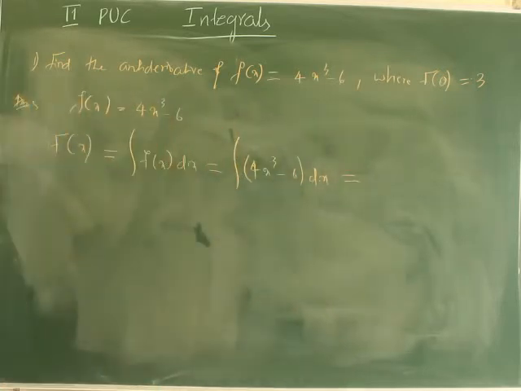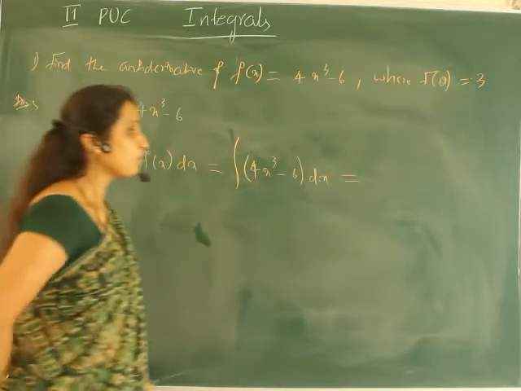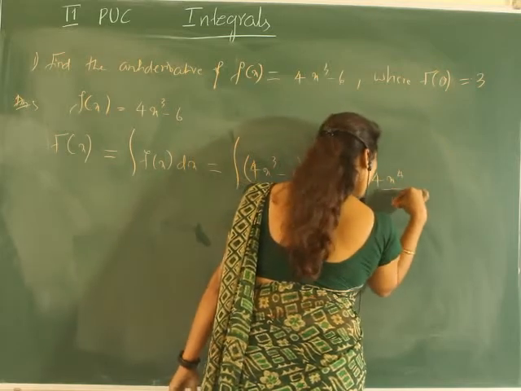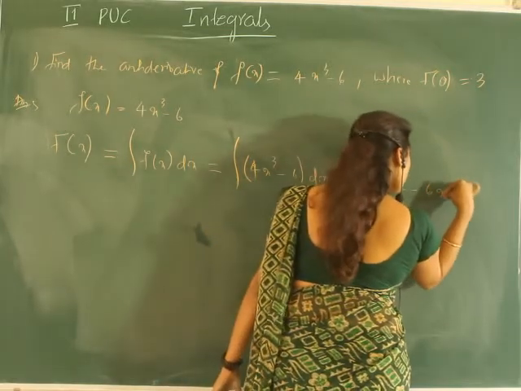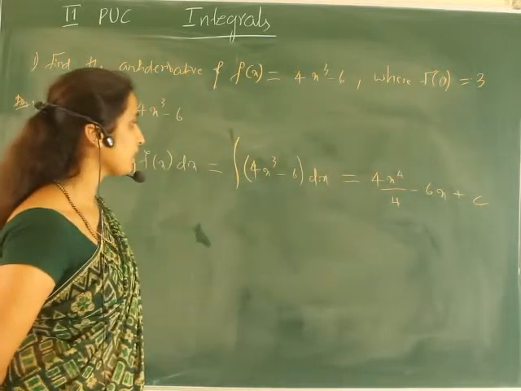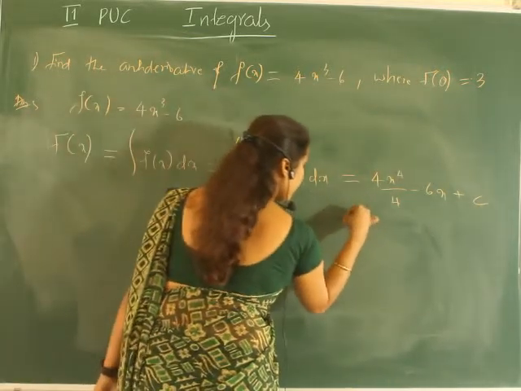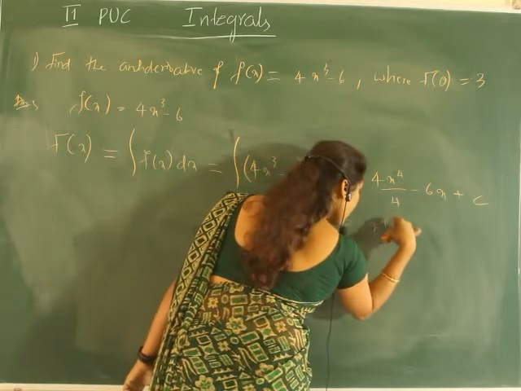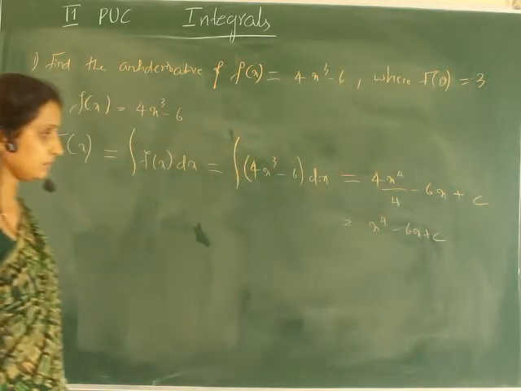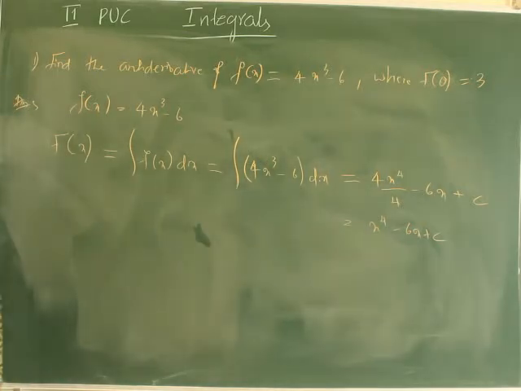What is the integral of 4x cube minus 6 with respect to x? This will be 4 x power 4 by 4 minus 6x plus c, or I can write it as x power 4 minus 6x plus c. So that is the value of f of x.